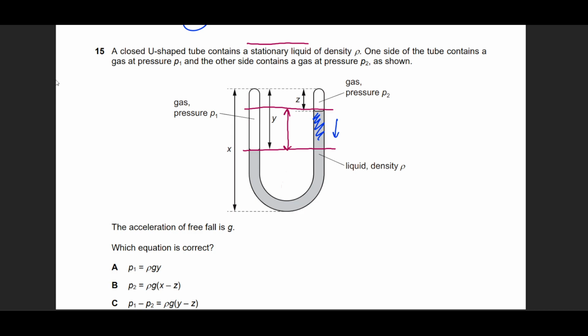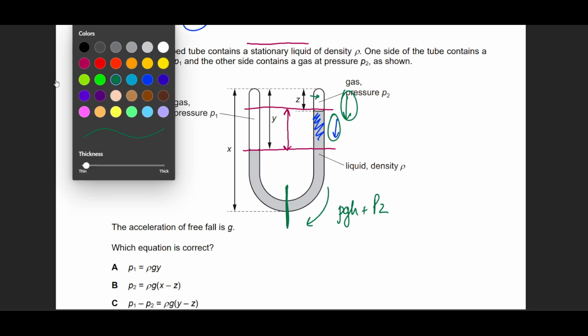Now I realize that the two sources of pressure that are acting at the center point are this liquid height and the gas pressure P. So the total contribution of pressure from this side is rho GH of the liquid plus P2, the pressure of the gas held inside this space. Now what is this H?